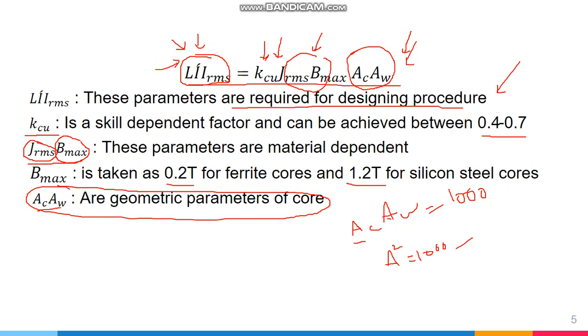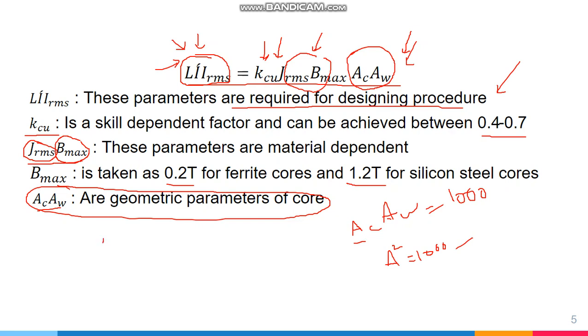But outside an exam, if you have access to the internet, and if you are provided with a number of cores, in that case how will you decide which core to select?